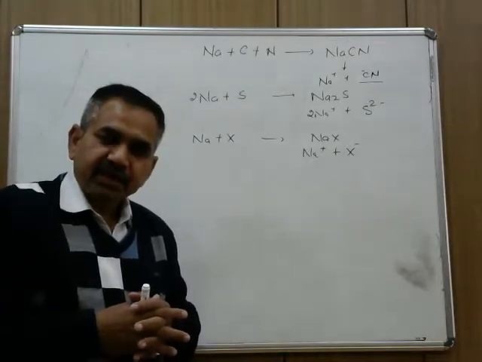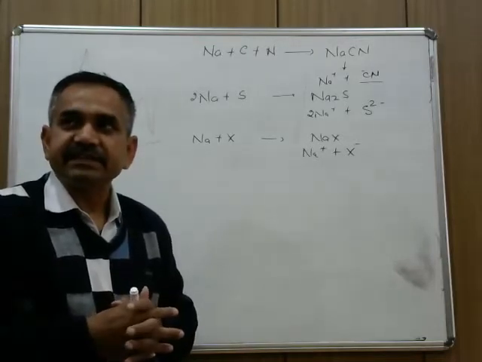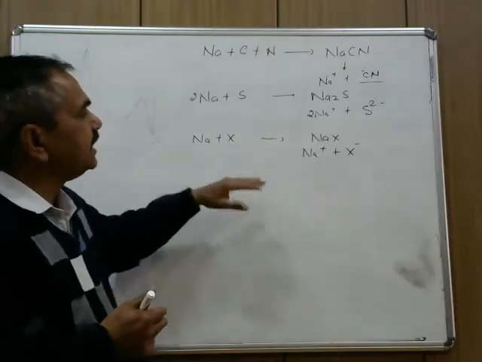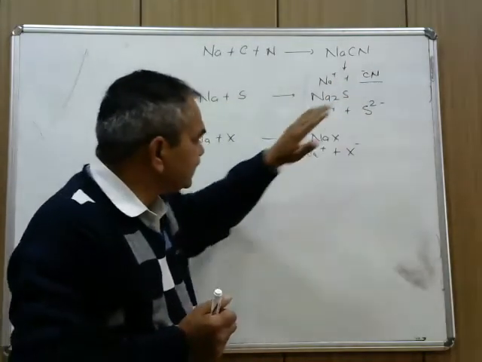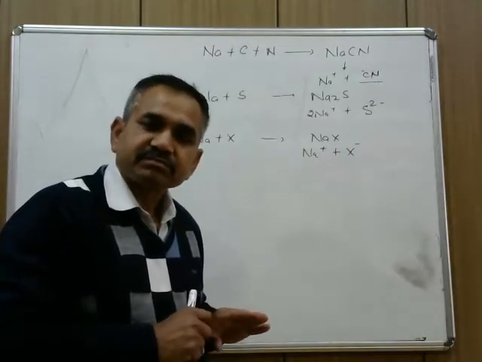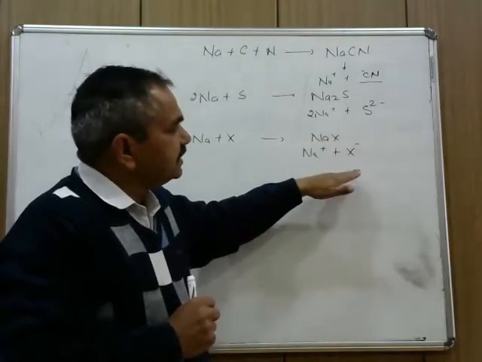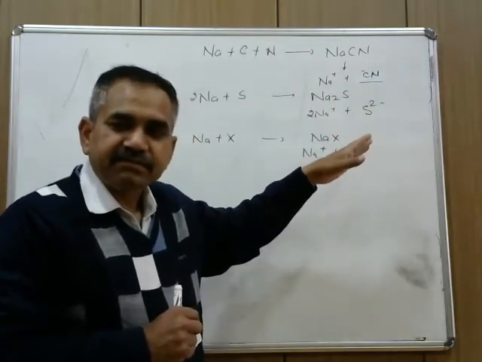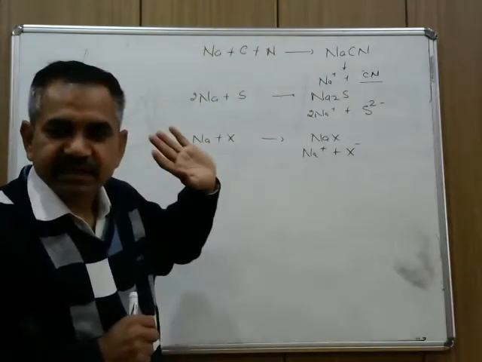But during the formation of Lassaigne's extract, these covalent forms are converted to their ionic forms. Nitrogen is converted to cyanide ions, sulfur to sulfide ions, and halogen to halide ions. And we detect the presence of these ions, which in turn confirms the presence of halogen or sulfur or nitrogen in the given organic compound.